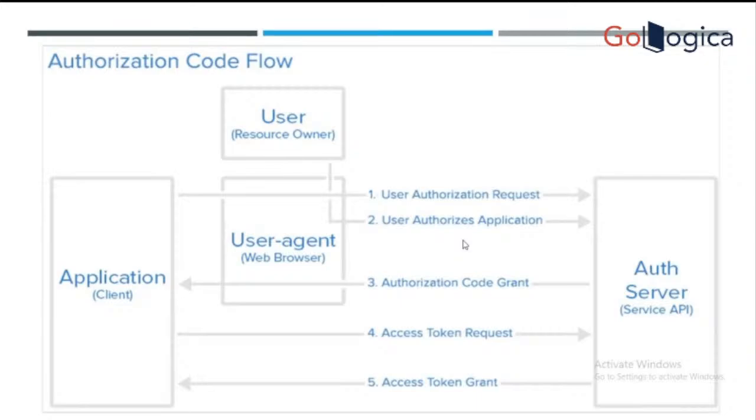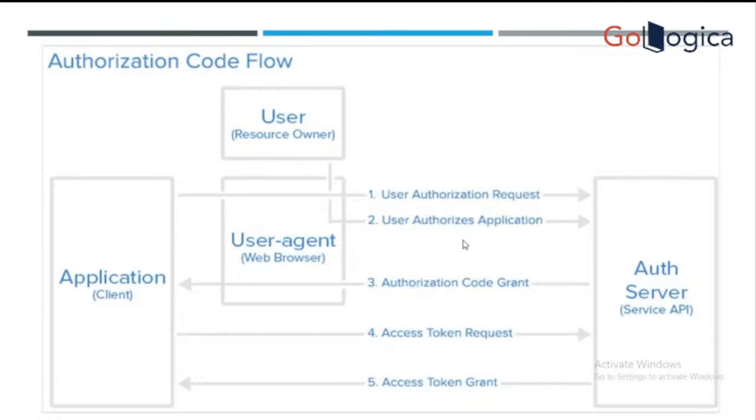Once the client goes to the authorization server and the user makes the request, the authorization server reverts back with the authorization code grant, the third point. Then on the basis of that, the client makes the access token request, and the authorization server gives the access token grant. This is the first thing.